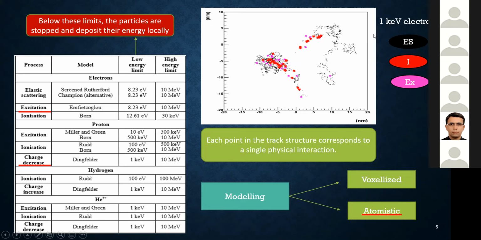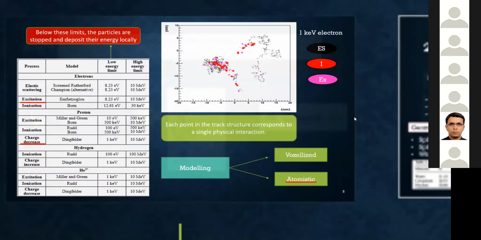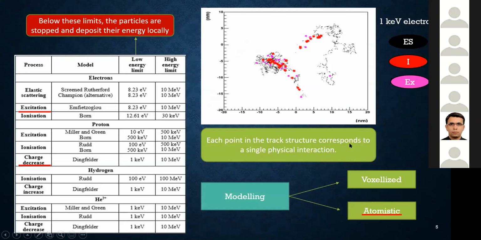This is a 1 keV electron. Over the whole time of the simulation, we see the 3 processes that the electron can go through. The black spots are elastic scattering, the red spots are ionization, and the purple, I think pink, is excitation. Each point corresponds to a single physical interaction.